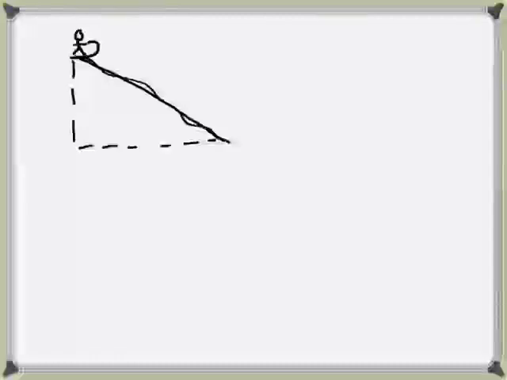So our word problem here says, a toboggan travels from point A at the top of the hill to point B at the bottom. Because the steepness of the hill varies, the angle of depression is only going to be approximate. So let's just pretend like it's a straight line.